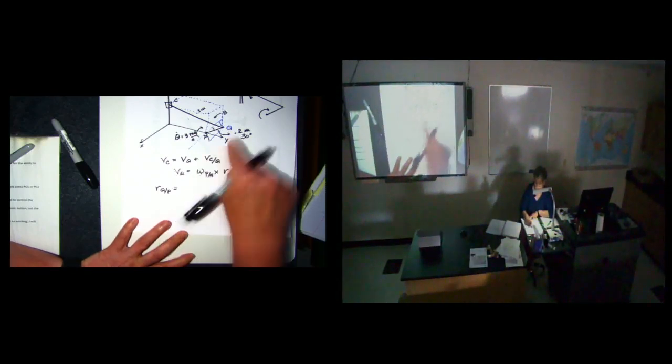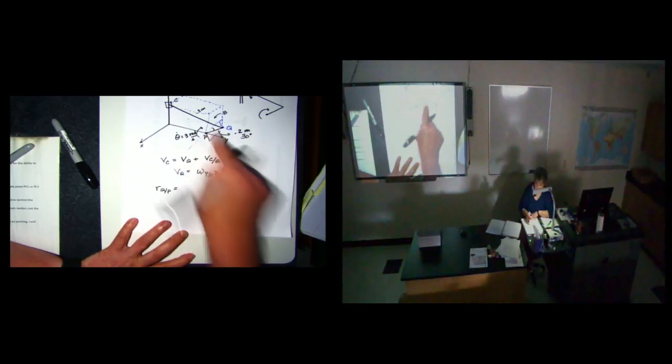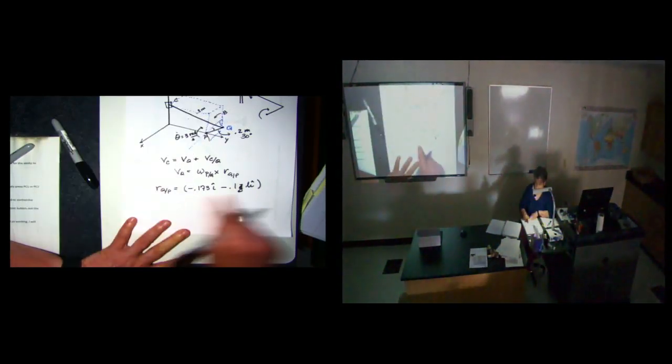When I use my angles and everything, RQP is going to be minus 0.173 in the I direction, minus 0.1 in the K direction. It's staying perpendicular to the Y. I didn't draw it real pretty, but it's staying perpendicular to the Y, so I've only got an I and K component.